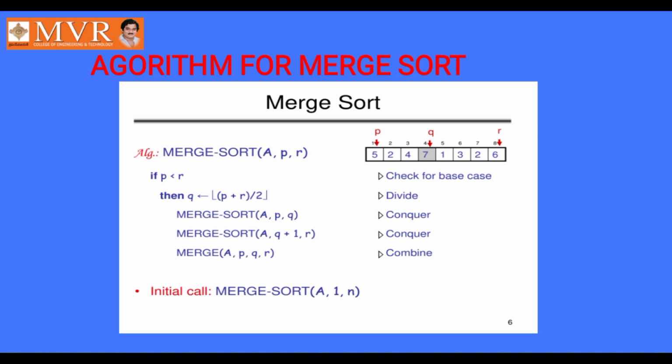That is, here we can say that Q is equal to (P plus R) by 2. Then we will be getting the mid value, and based on that we will divide the list of elements into two equal halves.